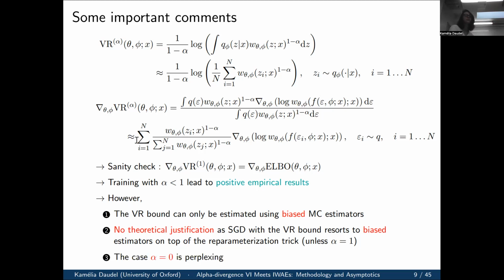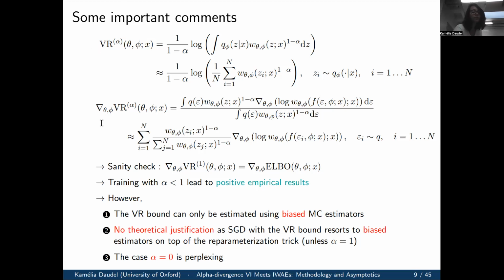Lastly, and this is a bit of a detail, if you look at the case alpha equals 0, it is a bit surprising, because if you take alpha equals 0 in the VR bound, I've told you before, this is the marginal log likelihood.